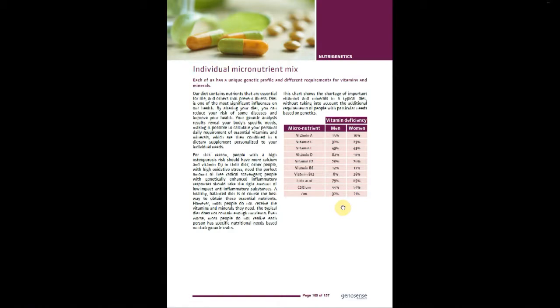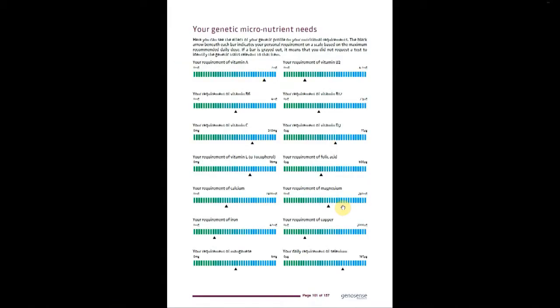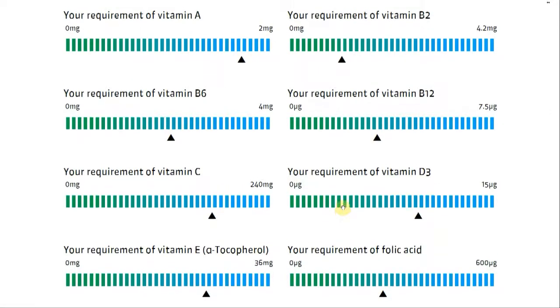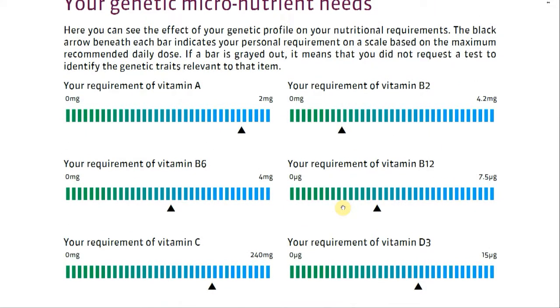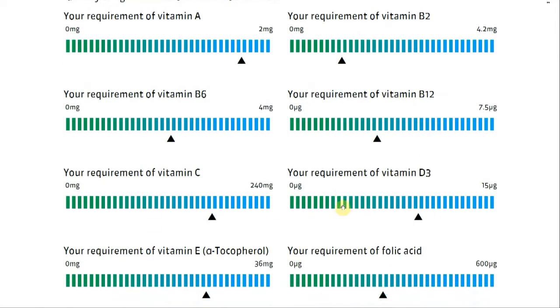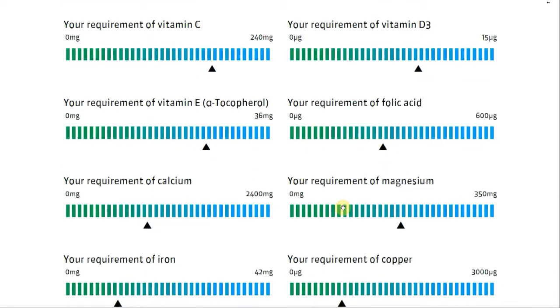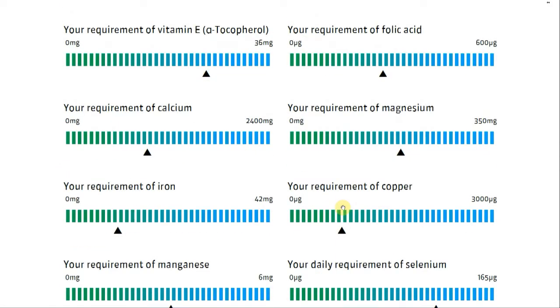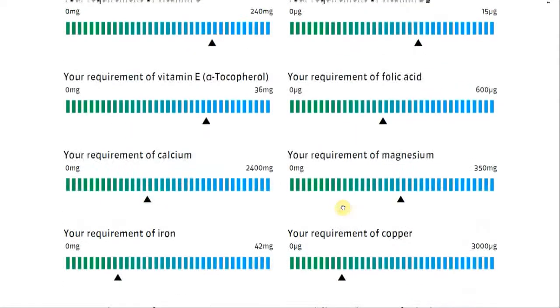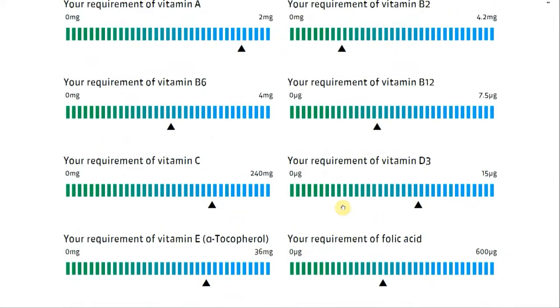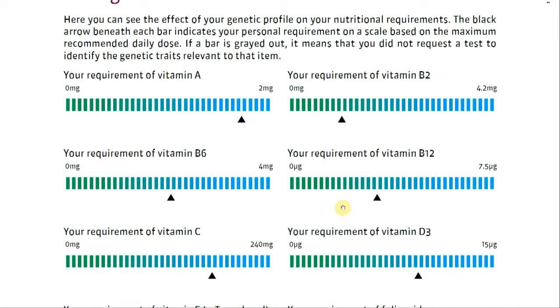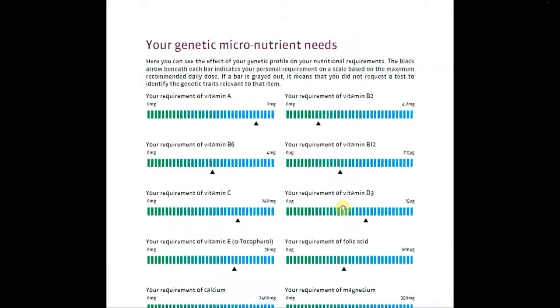So here again is information about micronutrients, and here you see some scales, and you see your requirement of vitamin A. So it's actually quite high in this case. Vitamin B6 is moderate, vitamin C is a little higher, vitamin E is same, calcium is lower, iron is quite low, and so on. So all of these vitamins and minerals that are contained within food and different food types are evaluated here.